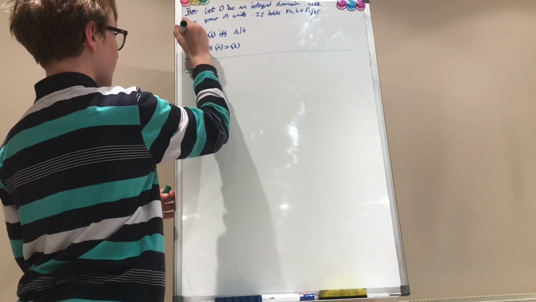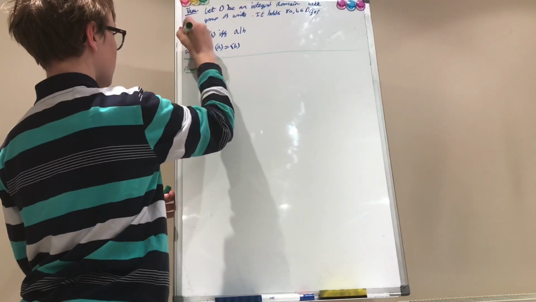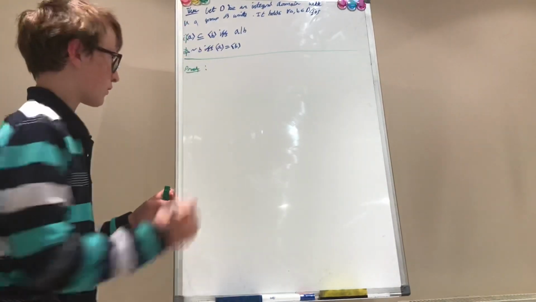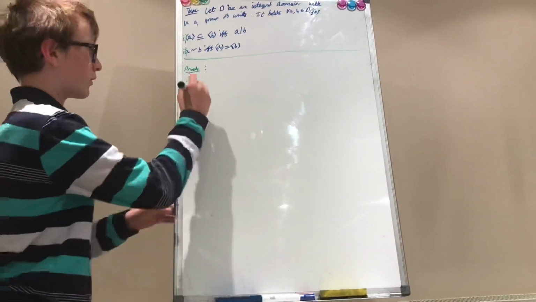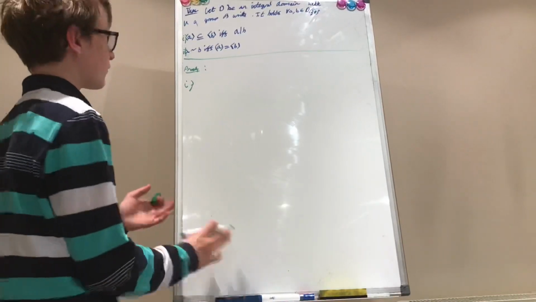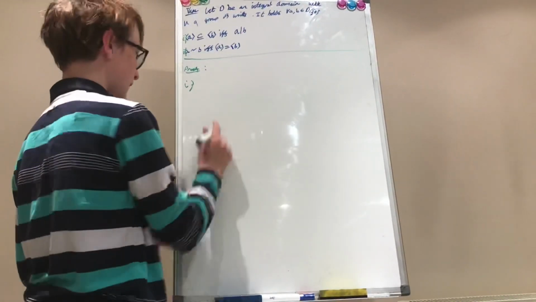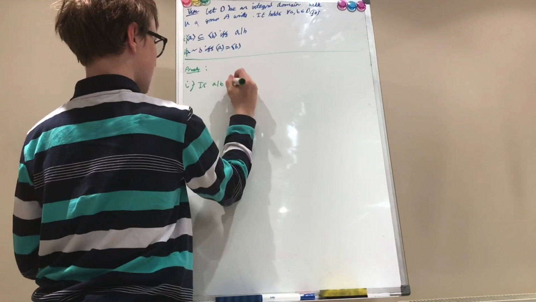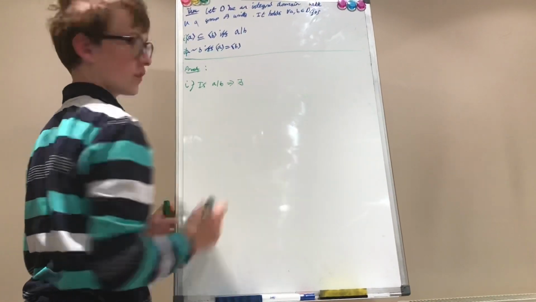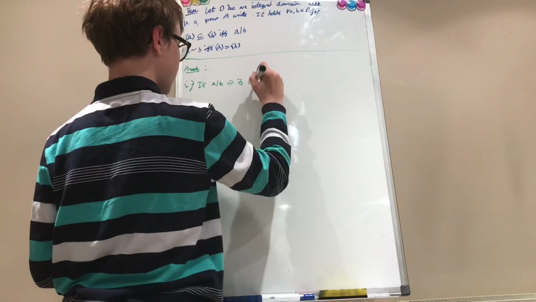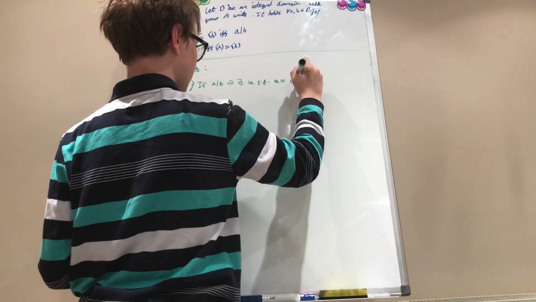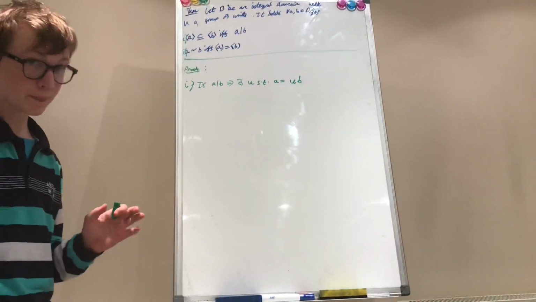Alright, let's call this I. Okay? Number 1 is, well, first assume that A divides B. If A divides B, that implies that there exists some U such that A equals U times B.